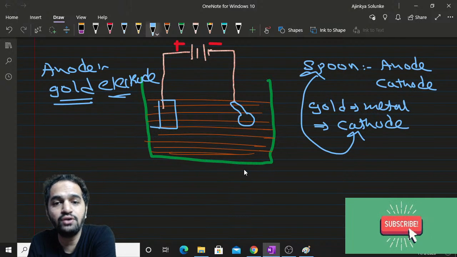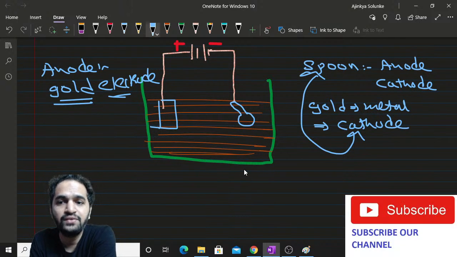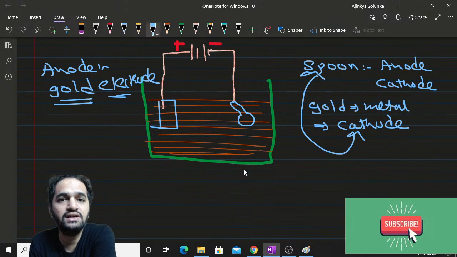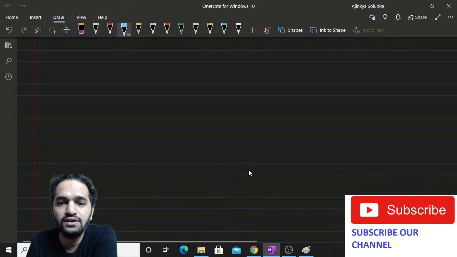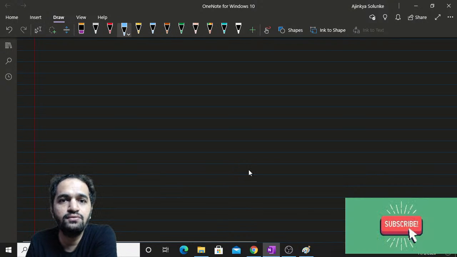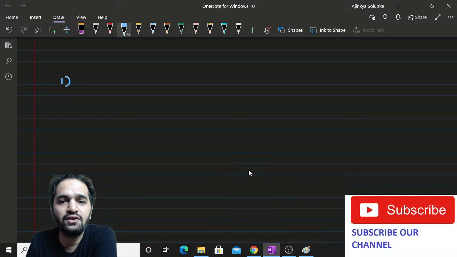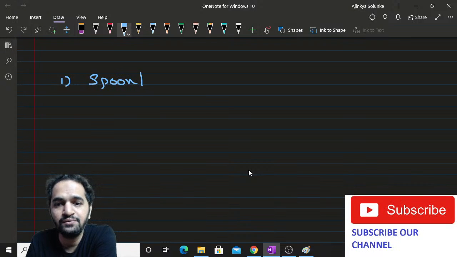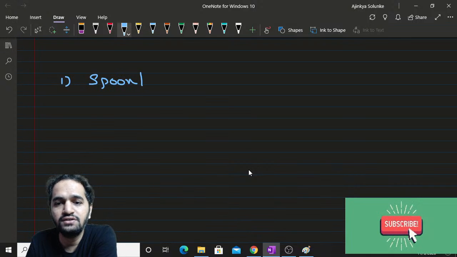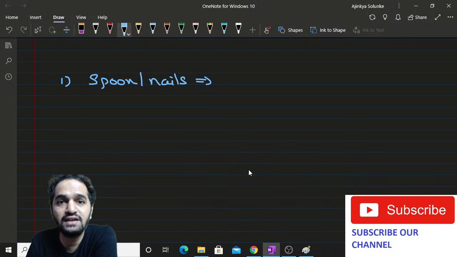So instead of that, you attach gold to the anode, and the material you want to layer has to be attached to the cathode. Suppose you want to put a layer on a spoon, a pen, or some nails, a gold plating. That is called electroplating.